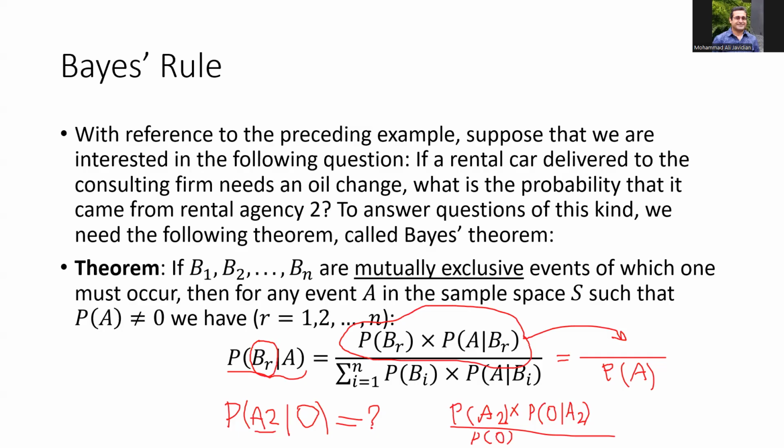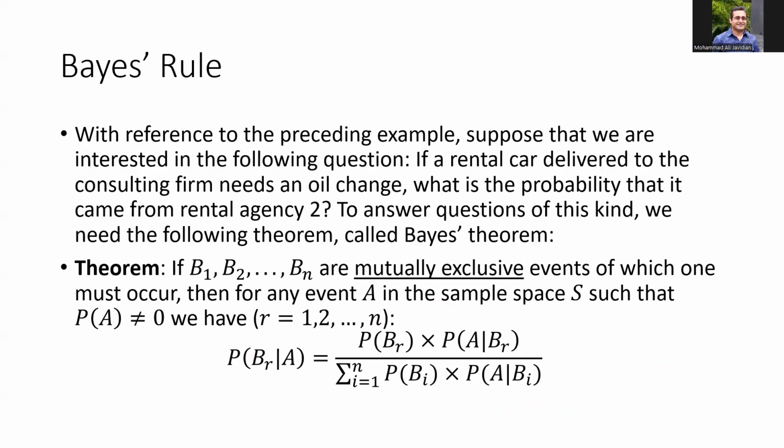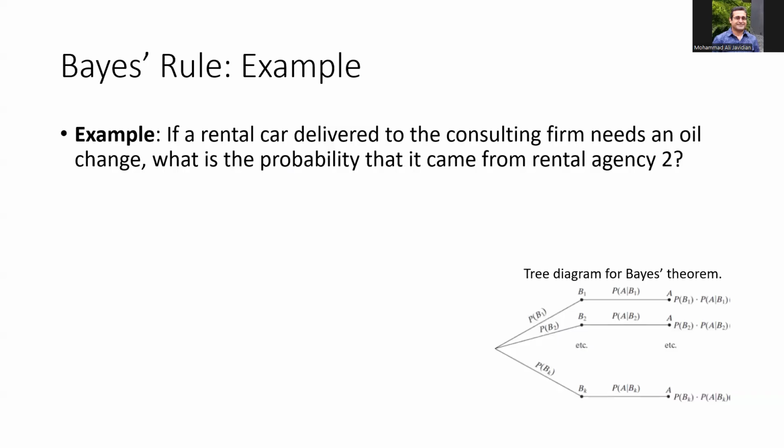So let me solve a solid example to show you how to use the Bayes rule. I'm going to compute the probability that the car came from rental car agency A2, if the car needs an oil change.